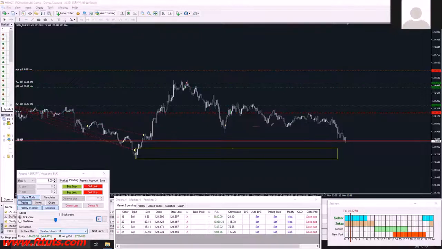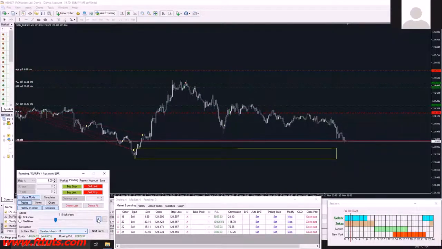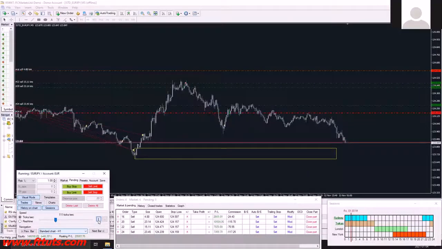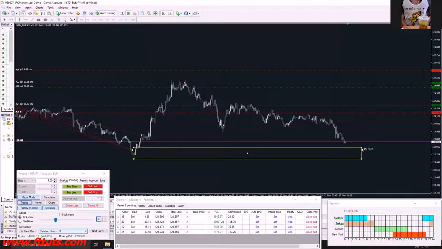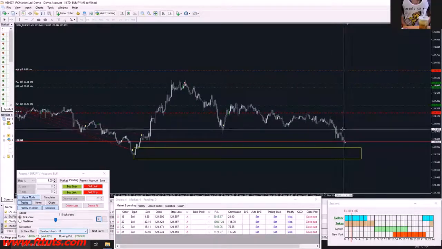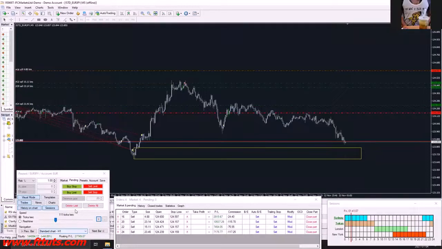Pretty much those wicks, current wicks right now where price is, and it's just descending. Once price gets to this area here, I'm going to take partials. Or I could move it aggressively behind the 5 minute.